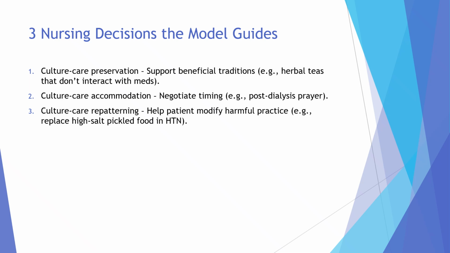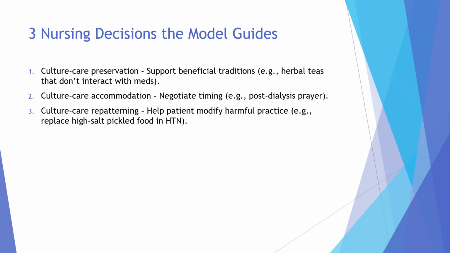3, nursing decision model guides. So we have 3. Culture care preservation: support beneficial traditions, such as herbal teas that don't interact with meds.